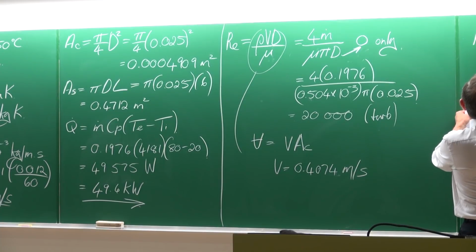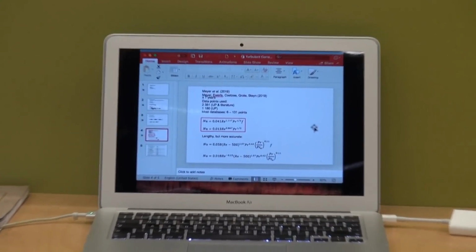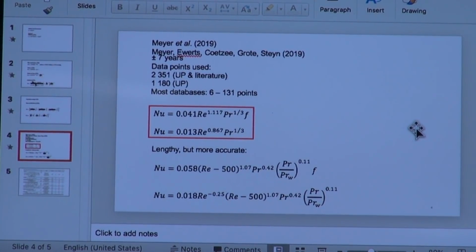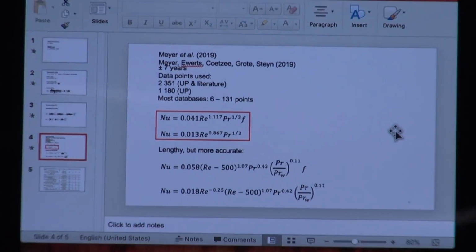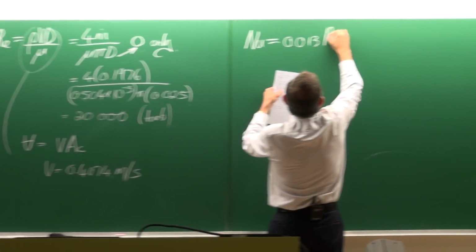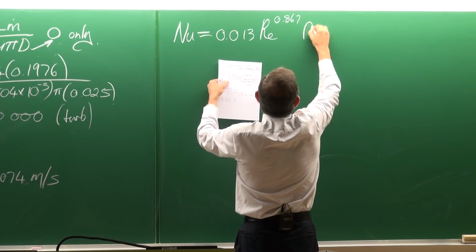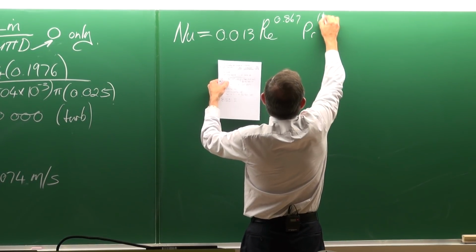Right, since the flow is turbulent, we can see all the options that we have. The easiest one is Nusselt equal to 0.013 Reynolds to the 0.867 multiplied by Prandtl to the third.